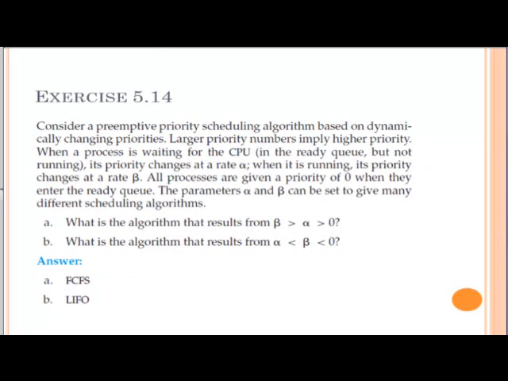This one was concerning the preemptive priority scheduling algorithm. And again, this was listed in the book. You could look up this answer, and that's when you came up with the answers. First come, first served, and last in, first out. Depending on how you're answering this, I did look for the straight answers as they're listed here, because this is actually how they are listed in the textbook.